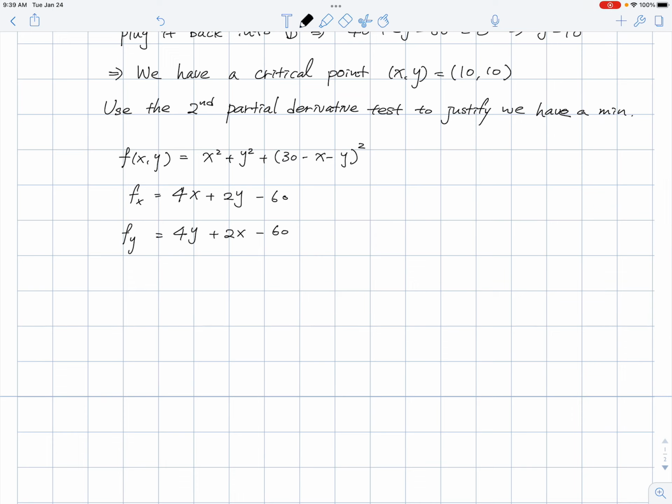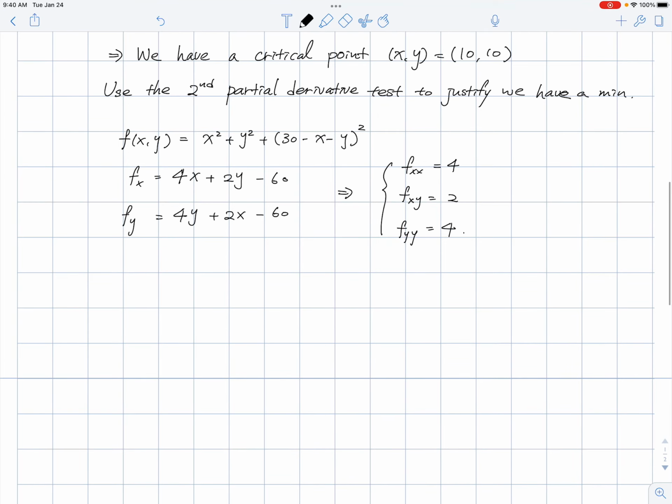We now go ahead and compute the second partial derivatives. So fxx is equal to 4, fxy is equal to 2, fyy is equal to 4.